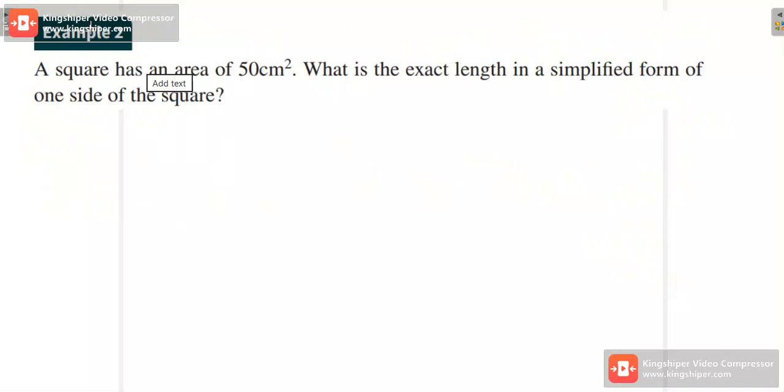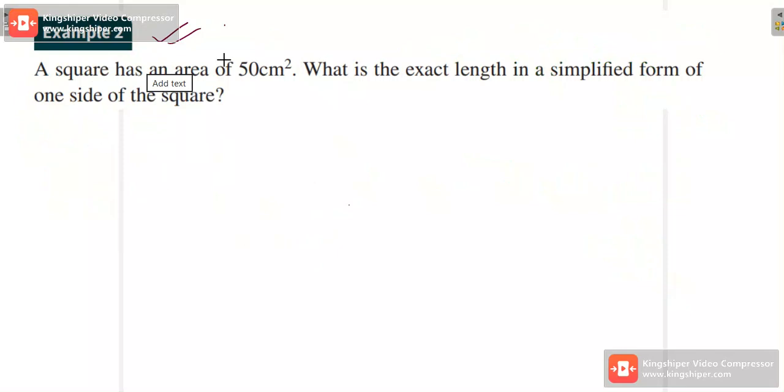Now let's look at this example 2. This is more of an application. So we have a square. Let's say I have a square.